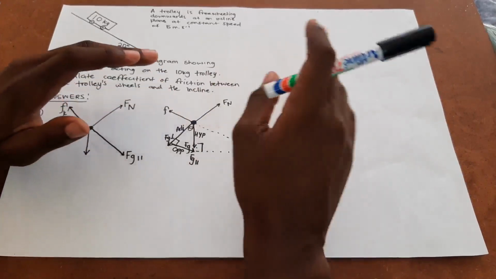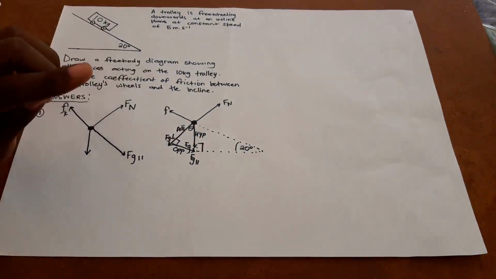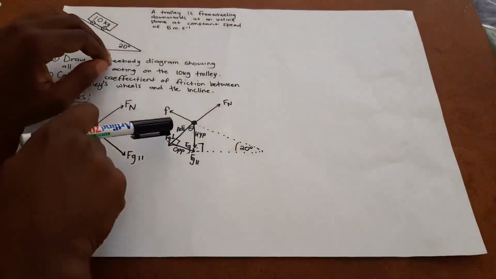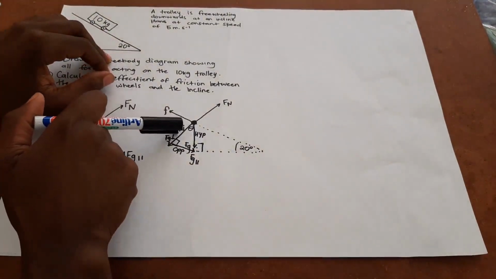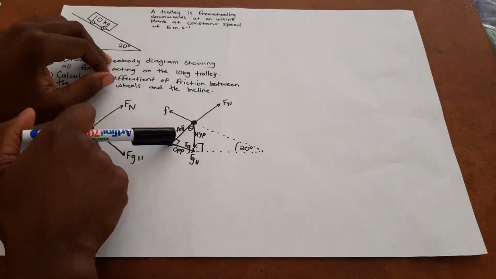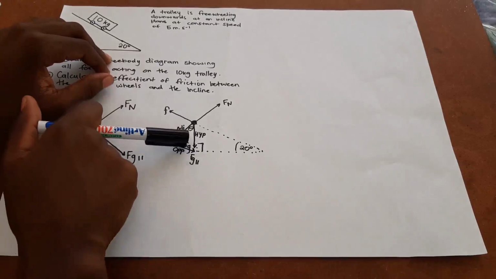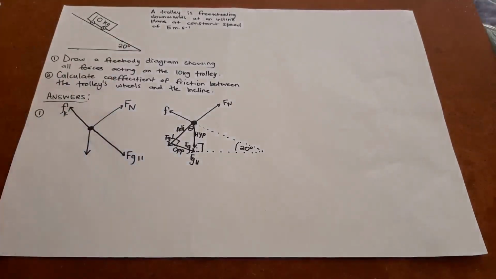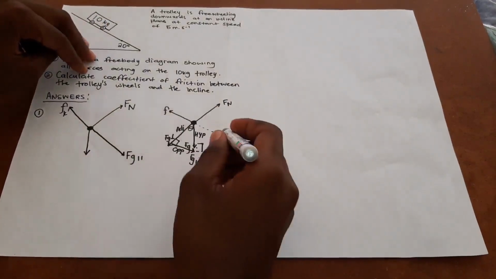So in this case you can see that angle theta is between the adjacent side and the hypotenuse side, whereby the adjacent side is represented by FG perpendicular and the hypotenuse side is represented by the gravitational force that acted downwards.